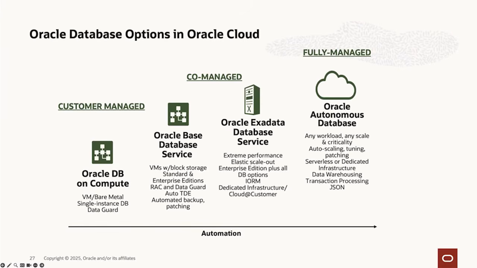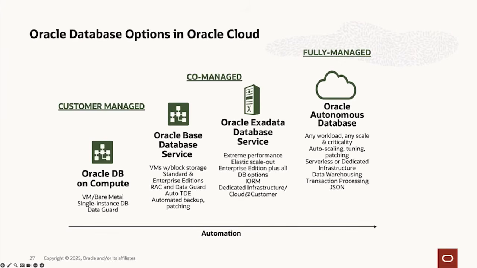If we go one more to the right, Oracle Exadata database service. This is meant for extreme performance, scale-out workloads. Very intensive workloads, and maybe, as we mentioned earlier, some data residency regulations that might need to be met.